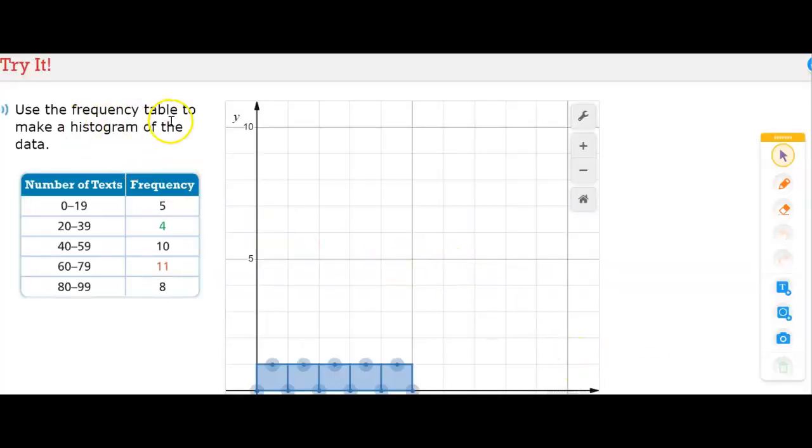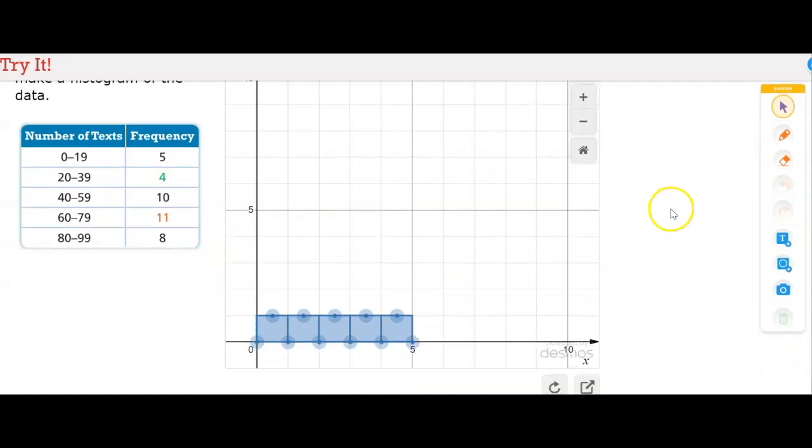Use the frequency table to make a histogram of the data. So I'm going to use this program here. Let's see, how does this work? Okay, so it moves like that.